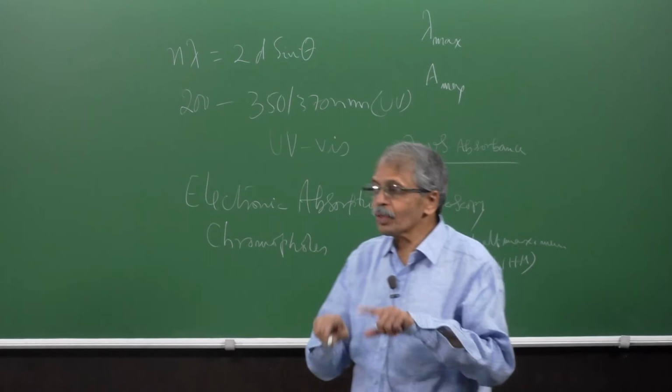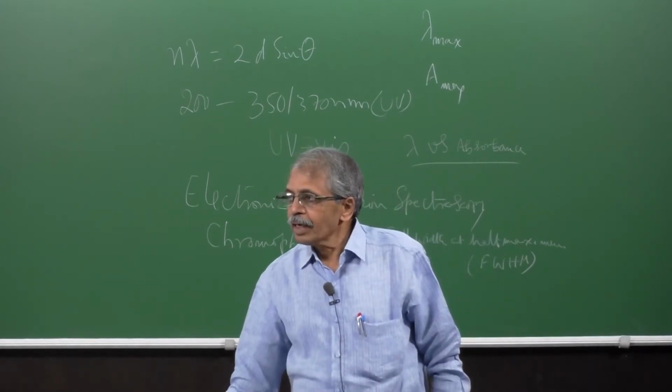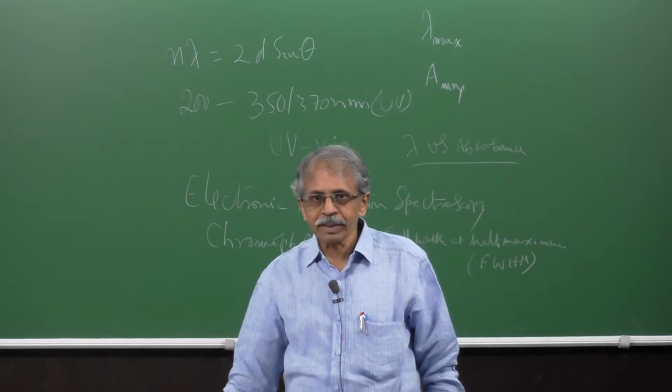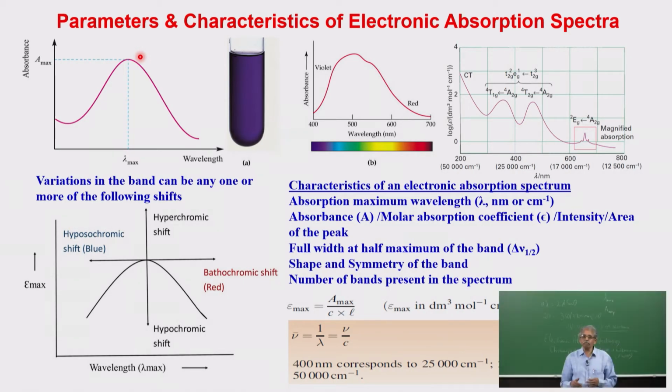That is also an important feature. And the shape: symmetric or less symmetric. As I told you earlier, less symmetric does not mean a bad spectrum. Less symmetric means some information is embedded in it. You will have to reveal that information, you have to unravel that information. So you have to work it out. That is an important parameter here.